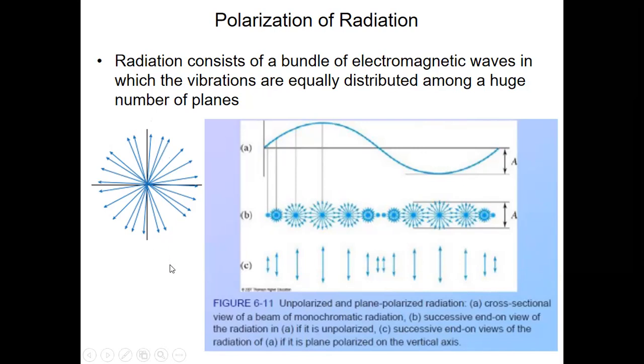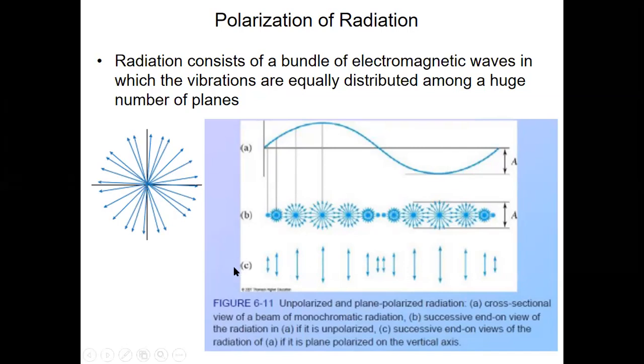Just imagine a cardboard with a vertical rectangular hole, and we put it in front of this wave. Only the light in the vertical direction will pass through that aperture, that hole, but the rest will not pass through. That type of thing we call polarization.